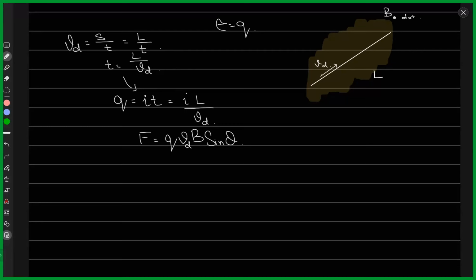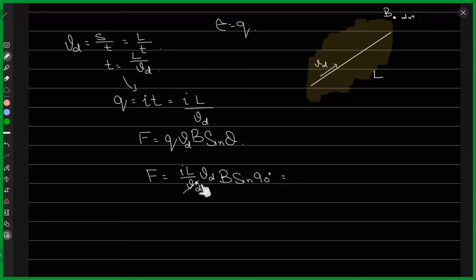Now, I can replace Q, which is I L by Vd, and then you have Vd again over here, and then you have B sine theta. In this case, the magnetic field and the force are in perpendicular directions to each other, so theta will be 90 degrees.